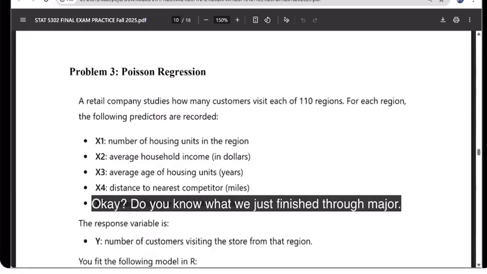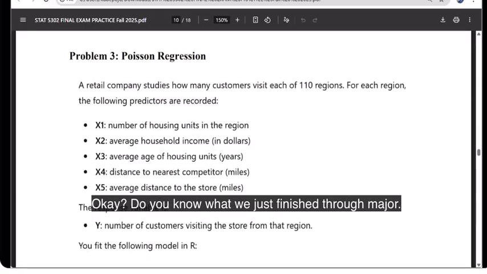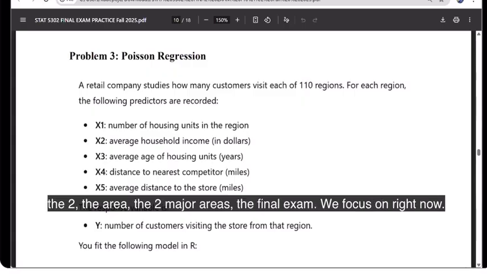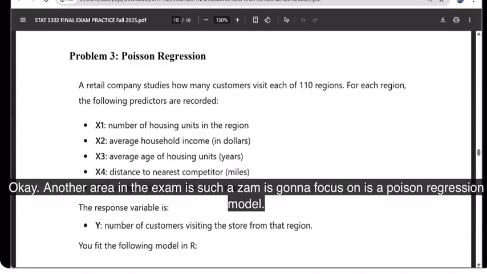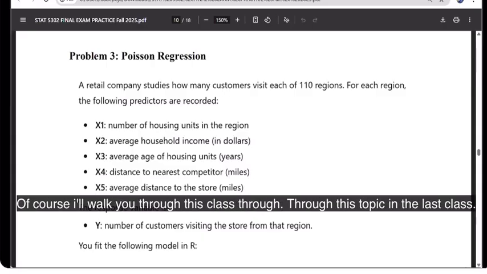Do you know what? We just finished the two major areas the final exam focuses on right now, which means I talked about the binary logistic and I also talked about the multinomial. Another area the exam is going to focus on is the Poisson regression model. Of course, I walked you through this topic in the last class.